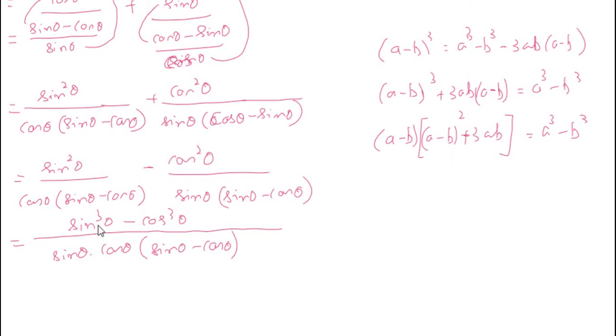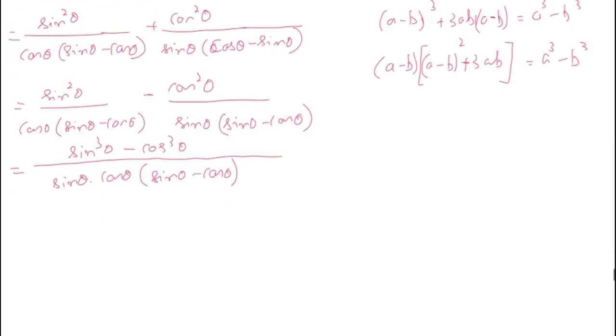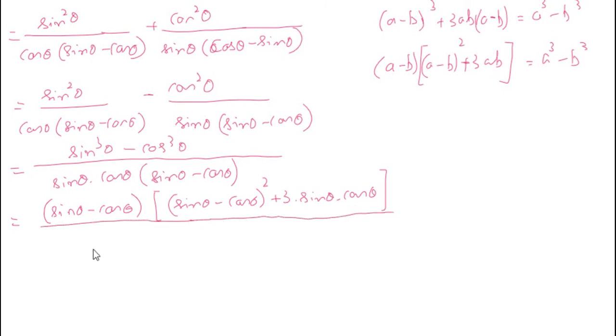Here a is sin theta, b is cos theta. Now let us represent sin cube theta minus cos cube theta in this form, that is a minus b, that is sin theta minus cos theta, into bracket a minus b whole square, that is sin theta minus cos theta whole square, plus 3 into a into b, a is sin theta, b is cos theta, divided by sin theta cos theta into sin theta minus cos theta.